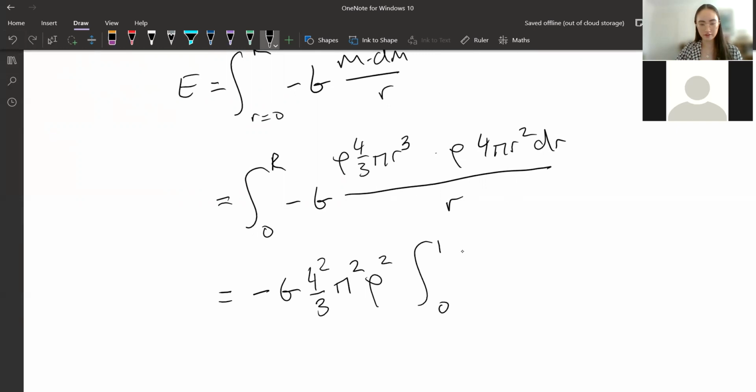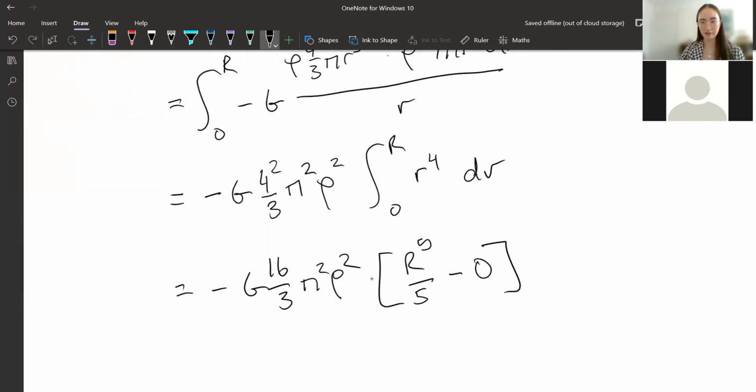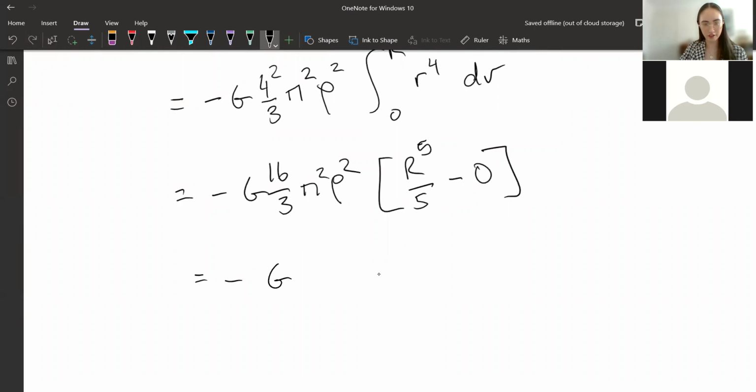And it's the integral from 0 to r of r to the 4 dr. And we just go through and solve that. -g, let's change that to a 16 on 3 pi squared rho squared of r to the 5 on 5 minus 0. Just subbed in those values again. Pretty simple integral of a polynomial. And that gets us -g 16 on 15 pi squared rho squared r to the 5.